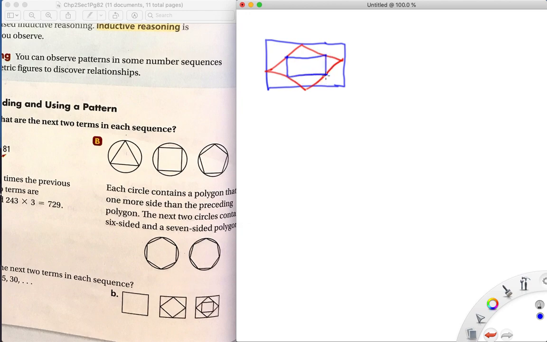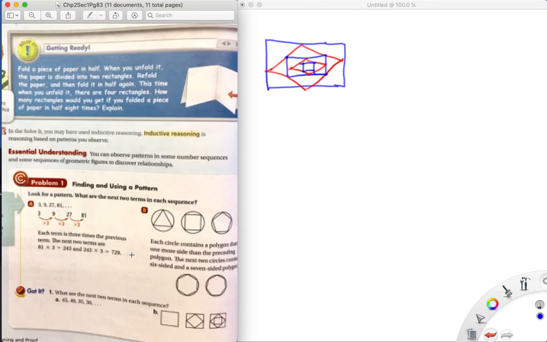So this is the pattern that we see. Just looking at the pattern, it's probably safe to assume that it's going to do the same thing again. And it's probably safe to assume that it's going to do this again based off of the pattern. We were able to make an inference, an educated guess off of the pattern. So these are the next two, red and blue, inside, and that's probably going to be the pattern of the next two patterns of this particular figure, just based off of the picture.